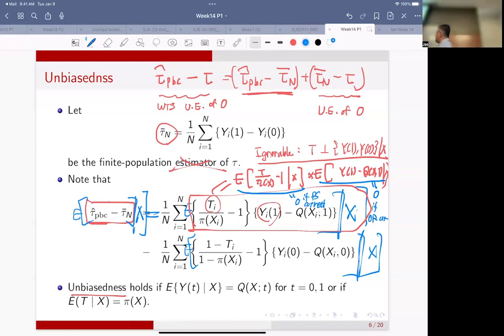So the conclusion is that unbiasedness holds if this is correct or this is correct. Okay.